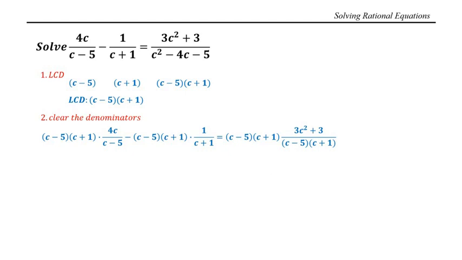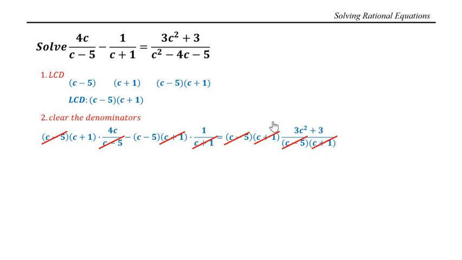Now this is where we get to cross a bunch of things out, which I find to be the fun part. So c minus 5 here and here will cancel. Then we also have a c plus 1 and c plus 1. These will cancel, and then c minus 5 and c minus 5, as well as c plus 1 and c plus 1.